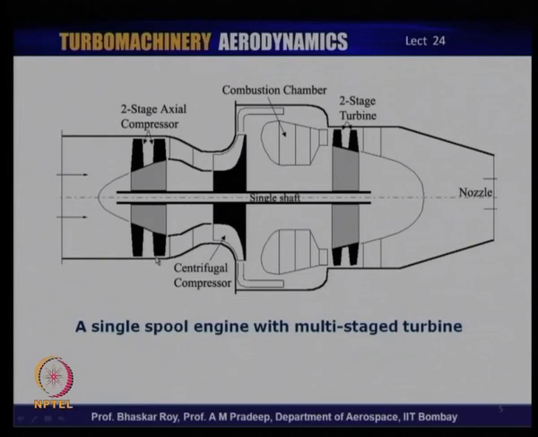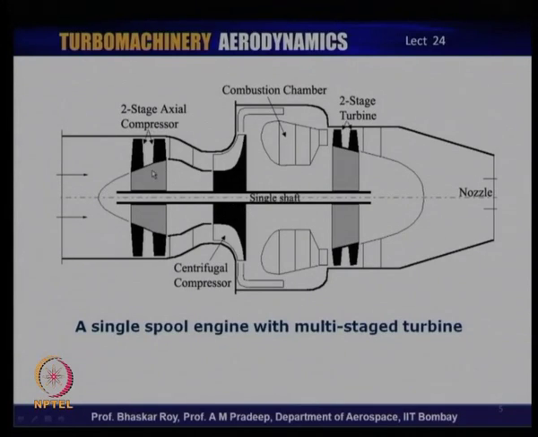Now, as you can see here, the compressor consists of a two-stage axial compressor, then a single-stage centrifugal compressor, which delivers to the combustion chamber, which delivers to the turbine, and this is a two-stage turbine configuration, but both are mounted on a single shaft or spool. So, this is a first step towards multi-staging of the turbine, but it is still on a single spool.